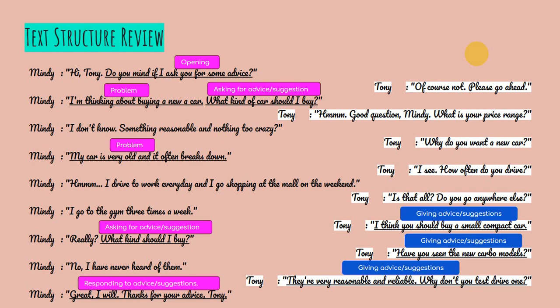After Mindy opened the dialogue, of course Tony will respond, like, "Of course not. Please go ahead." And after that, Mindy will go on with the problem. "I'm thinking about buying a new car." And after that, Mindy continues with asking for advice or suggestions, like, "What kind of car should I buy?"